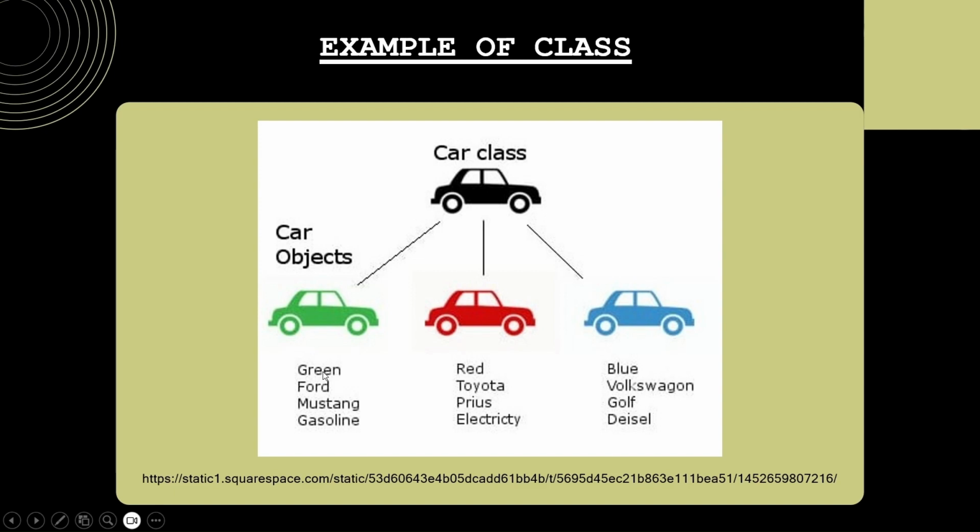This car has the value green, this car has the value red, this car has the value blue. So by this change in value, all these objects become unique. So from this we can see that though all these objects are created from the same class and share the same characteristics, they are all unique in their nature.